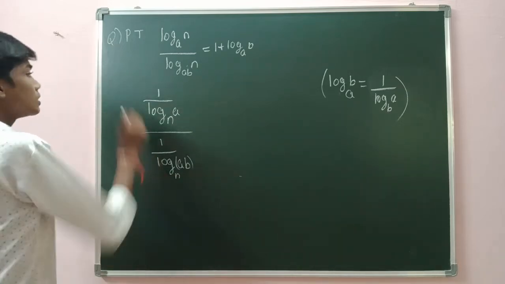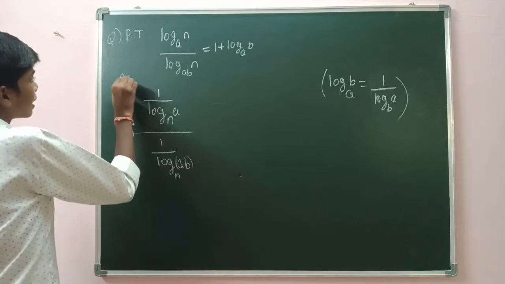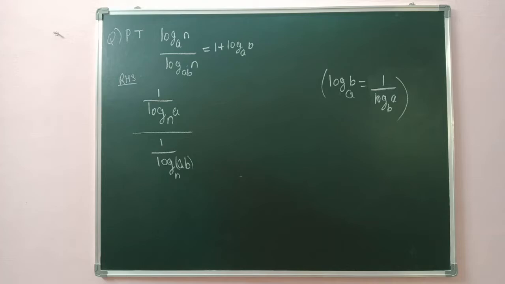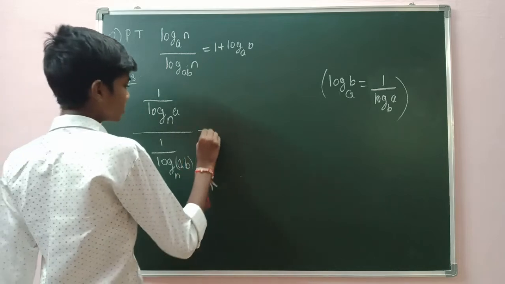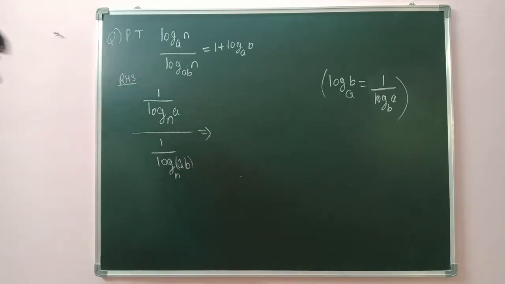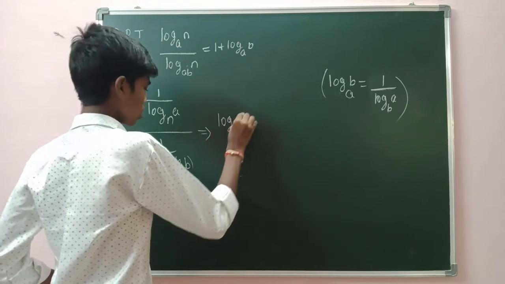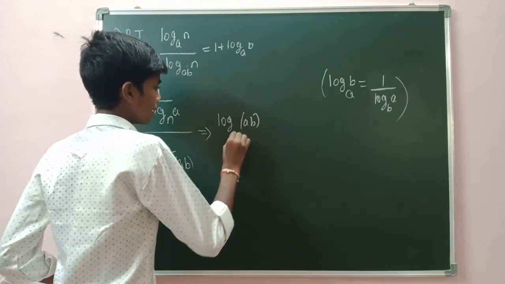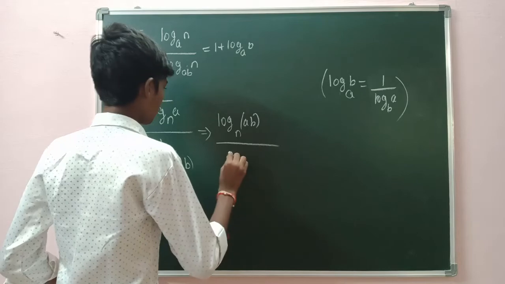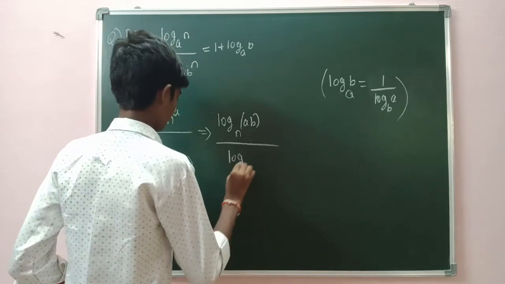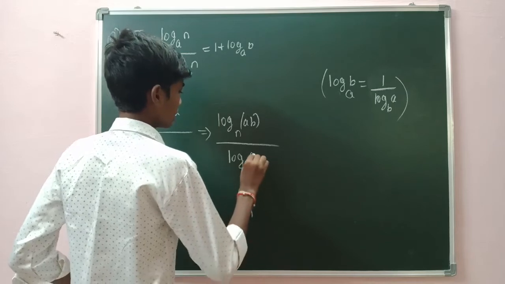So now this is your RHS. I am just solving your RHS. So this is what I am having here. Now people, listen very carefully. When I solve this, what you will get is log of ab to the base n by log of a to the base n.